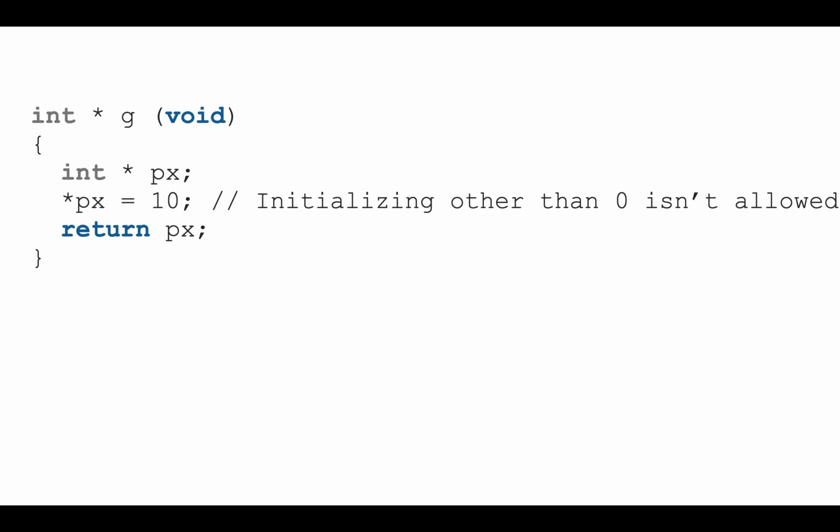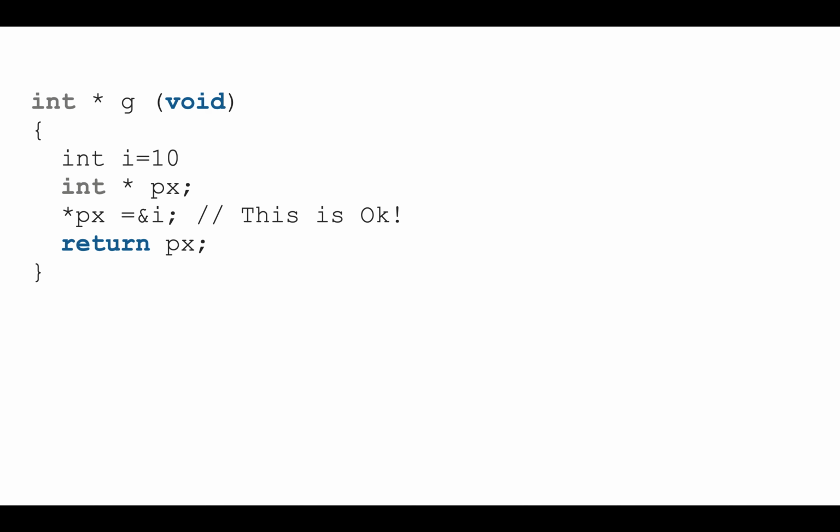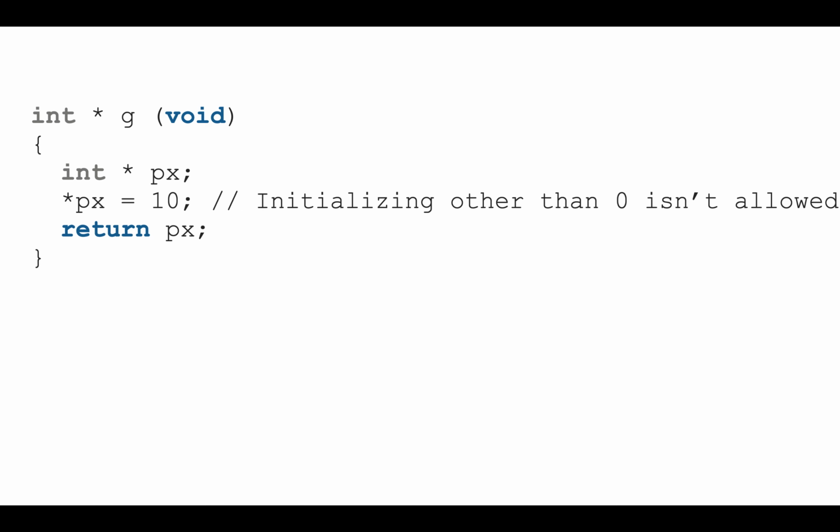P1 and P2 are the major problems with pointers, because in P2 you cannot store any value other than 0 to the pointer variable, but the other code is okay because we are defining one variable i, memory is allocated, and you can store the address of that variable to pointer px. It is totally legitimate.